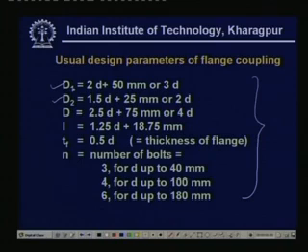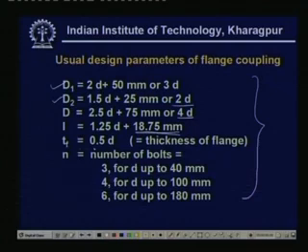D2, which is the hub diameter, is 1.5 times d plus 25 millimeter, or it may be twice the diameter of the shaft. Everything is mentioned in terms of the diameter of the shaft. The outer diameter is 2.5 times d plus 75 millimeter, or roughly 4d. Length, which is quite important, is about 1.25 times d plus 18.75 millimeter. You see this odd figure, but these are standards.